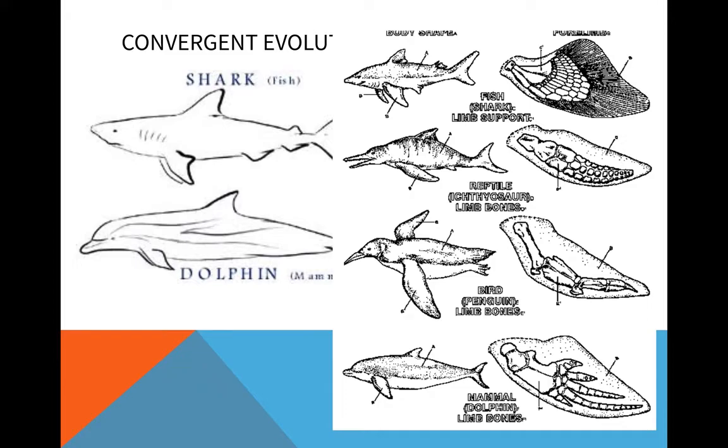The same is true of the bones of a bird, or even the bones of a reptile who's now extinct, Ichthyosaurus. So these are all convergent evolutions because they all live in a similar environment, that is the environment of water. They all developed a similar type of limb. This is an example of convergent evolution.